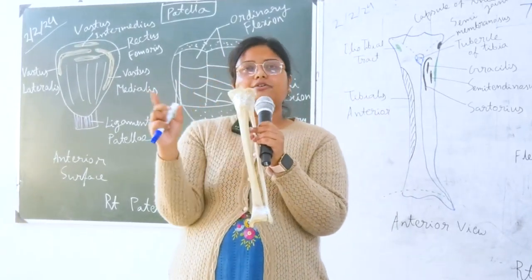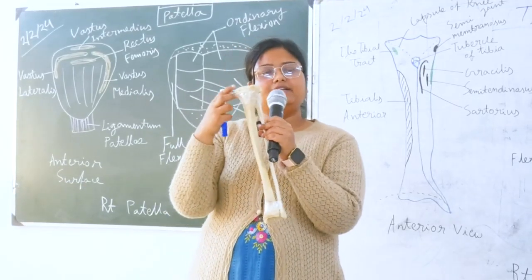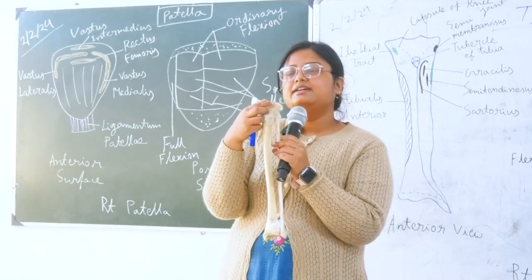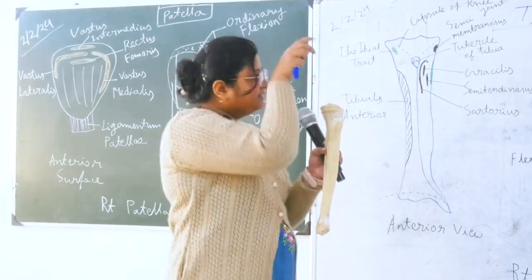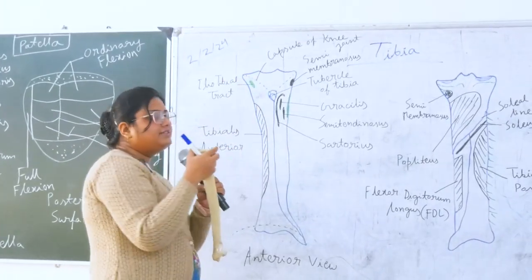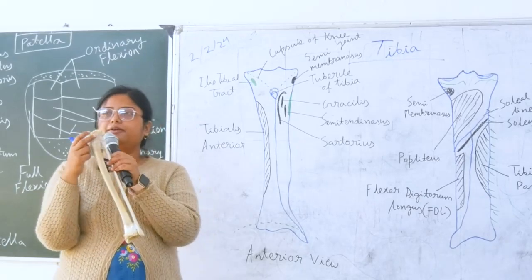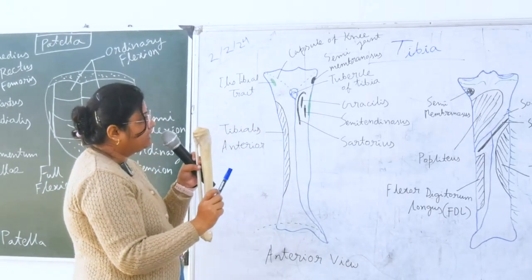On the lateral condyle, anteriorly, there is a smooth area, the anterior part of this lateral condyle. It gives attachment to the iliotibial tract. Here you can see, on the anterior surface of the lateral condyle, there is attachment to the iliotibial tract.